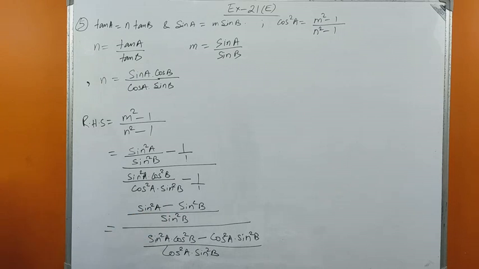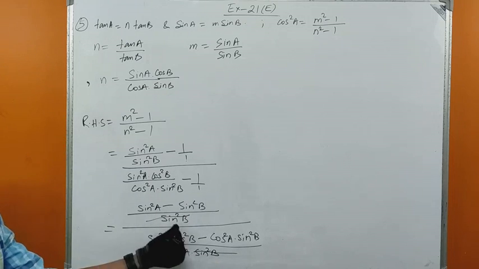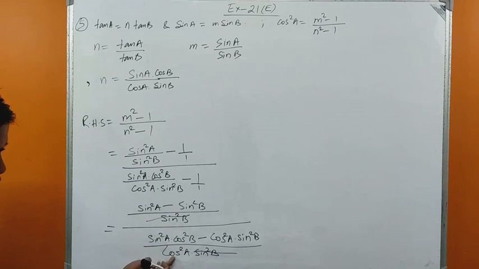Now you can see sin square B in the denominator, and here also sin square B in the denominator. You can cancel this, isn't it? So this cos square A goes to the numerator.